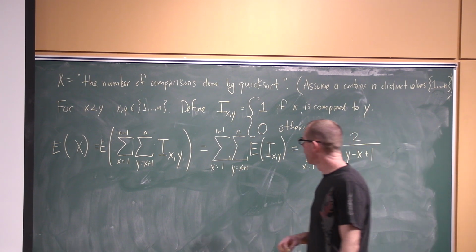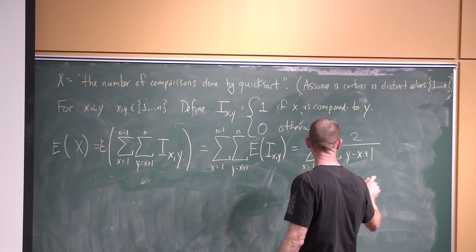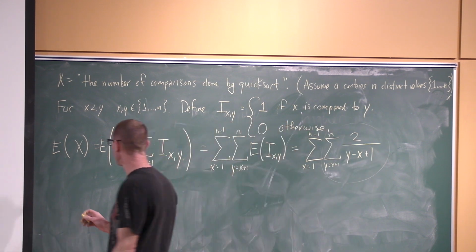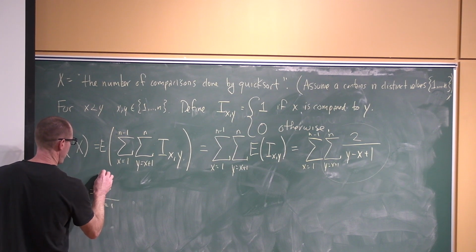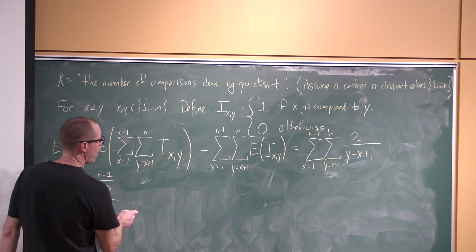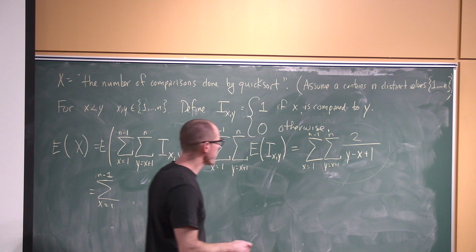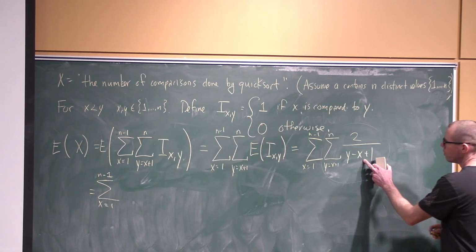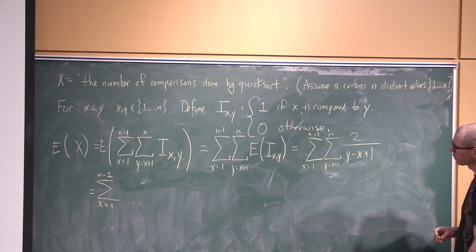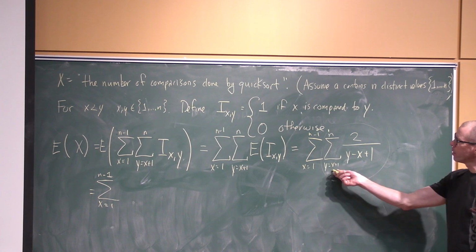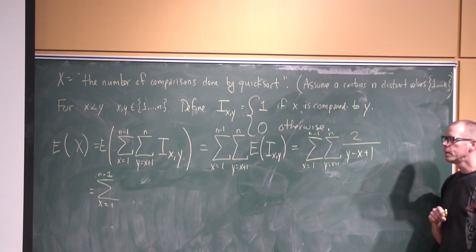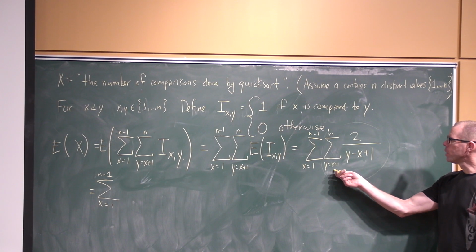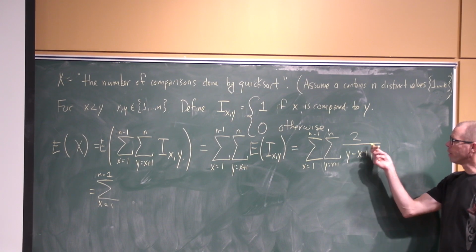In particular, usually starting with the innermost thing. So, we still have the outer sum, x is running from 1 up to n minus 1. But what about this innermost thing? So y starts counting at x plus 1. So when y is x plus 1, what's the denominator here?